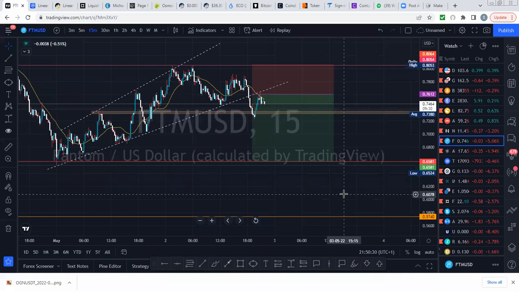But first, think of the analytical approach as the event that triggers the trade setup.